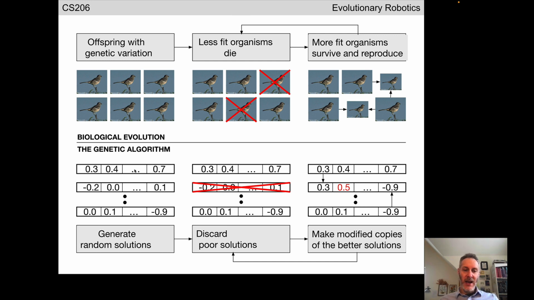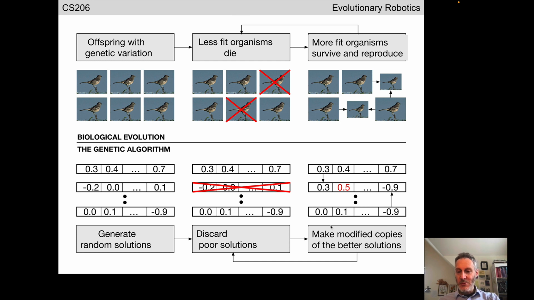So, in a genetic algorithm, we tend to start with a population of random solutions. So we generate vectors with random values in them. We take each candidate solution. We see how well it does at solving whatever problem we want it to solve. Those that do a poor job of solving the problem are deleted, which leaves some survivors, and the survivors are allowed to produce randomly modified copies of themselves.